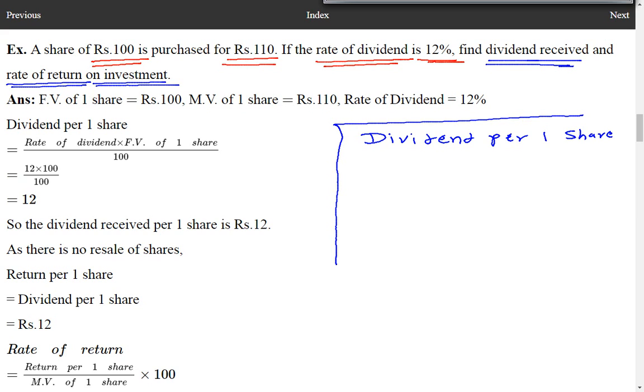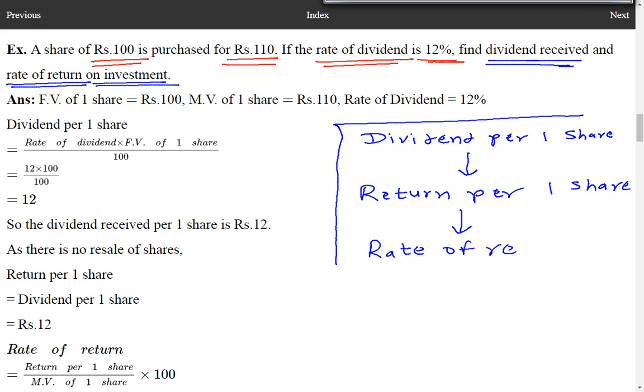Then we will find return per one share, and finally we will find rate of return. So you must take into account this outline for finding dividend per one share and rate of return.